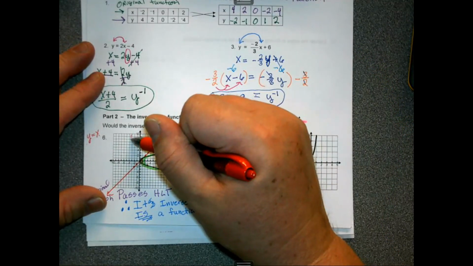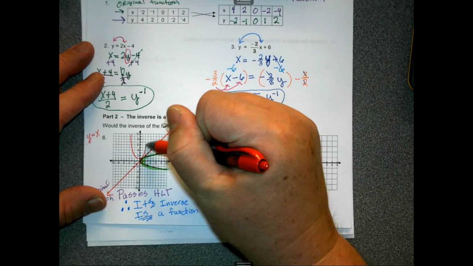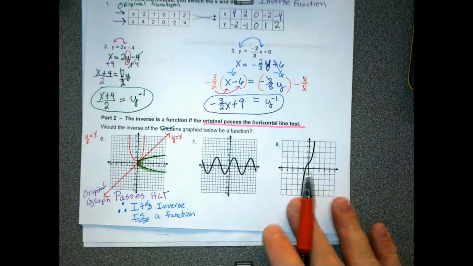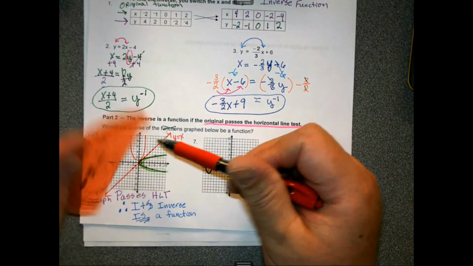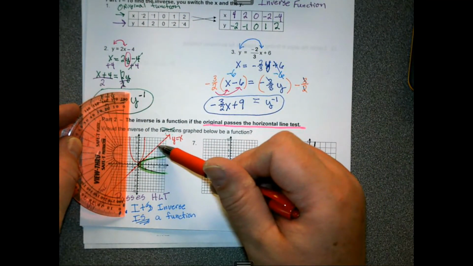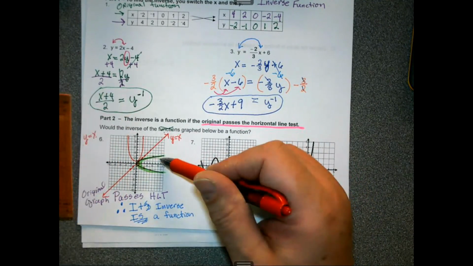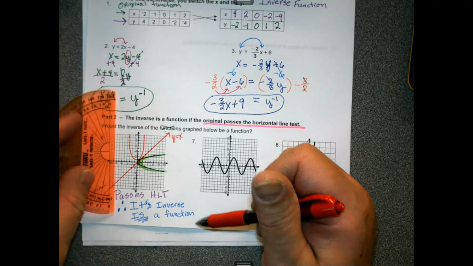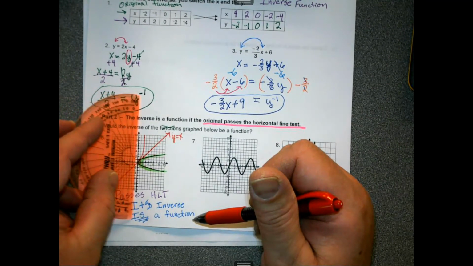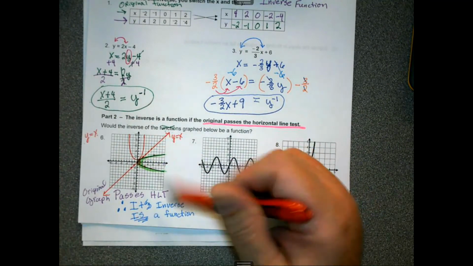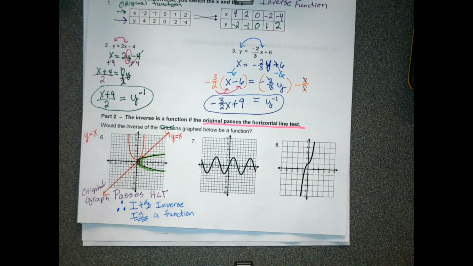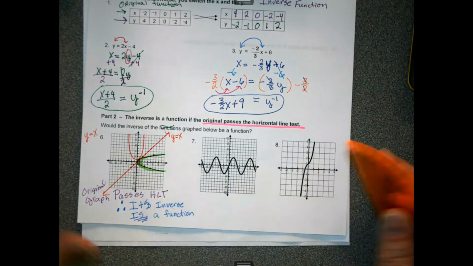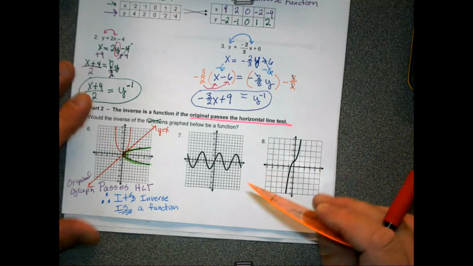It's going to look something like this. If I were to switch the domain and range, I would get a parabola opening upwards. And that indeed does pass the vertical line test. So we know that the inverse is a function. Okay? All right, let's do another one.